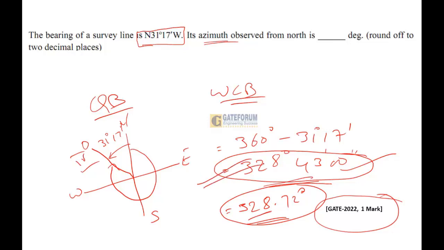So he's asking about the fourth quadrant: you just convert into WCB, and if you want the azimuth, subtract from 360. So 360 minus the fourth quadrant bearing, that is 328 degrees 43 minutes 00 seconds, is my answer for this problem. Thank you. Problem is solved.